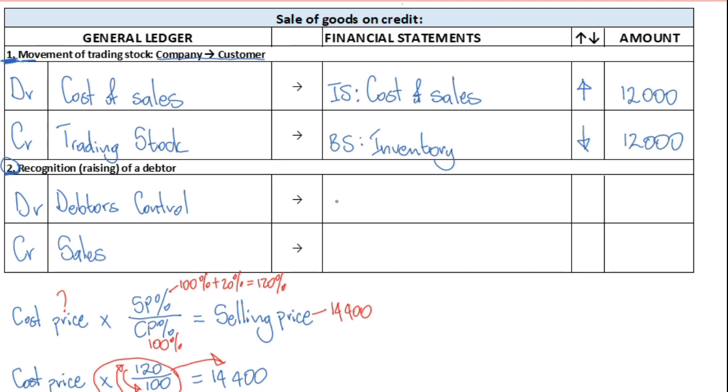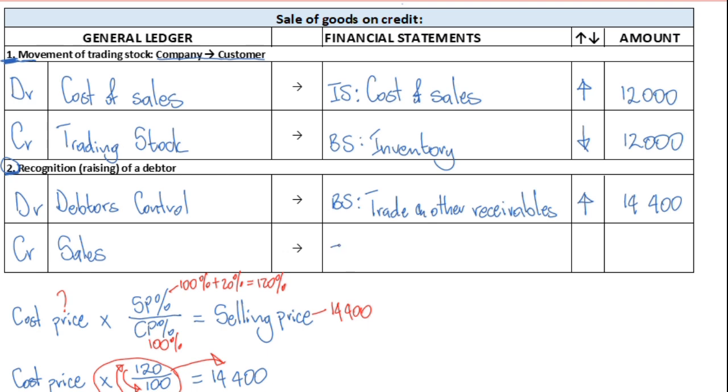How will this reflect in our financial statements? The debtors control account sits in the balance sheet under the trade and other receivables line item. So we increase trade and other receivables by the selling price amount, because that is the amount the debtor owes us.